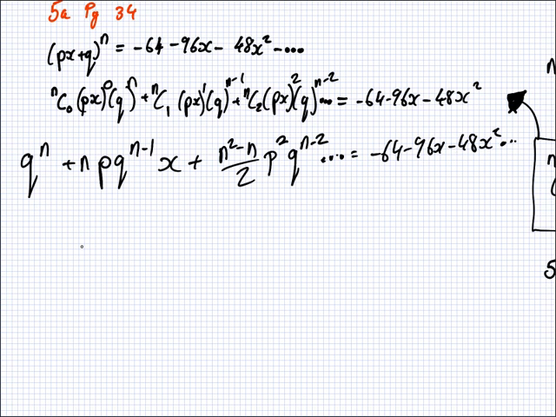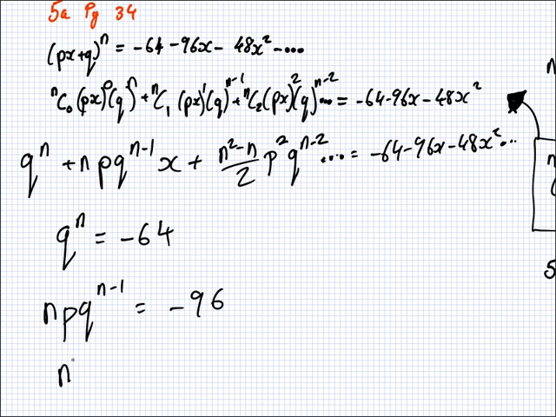So you start off by saying q^n equals what? That'll be -64. The first one equals the first one. And then the next one, n p q^(n-1), that equals? Good. And then (n squared minus n) over 2, p squared q^(n-2), that equals?